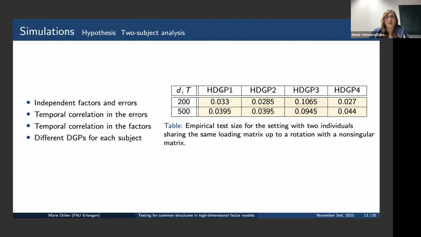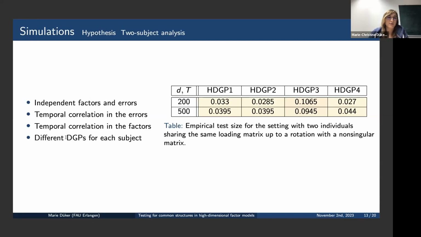And then we looked at four different settings, and one can see that the nominal level of 5% is almost achieved in all those cases. We looked at four different settings, which I only described very briefly here. So we have independent factors and errors, and then we allow for temporal correlation in the errors and the factors in the data generating models 2 and 3.